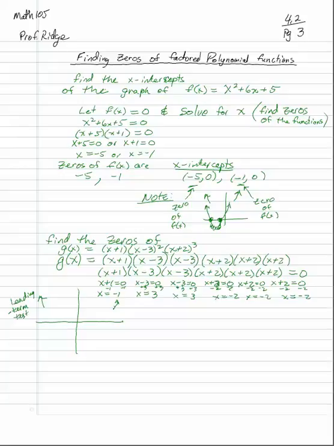I know it crosses at -1 and at -2 and at +3. Because -1 happens once, that gives me information. -2 happens 3 times, and basically what that tells me is that I'm going to cross through the x-axis. At -1, I'm going to cross through the x-axis. And at 3, I'm going to get a bounce.